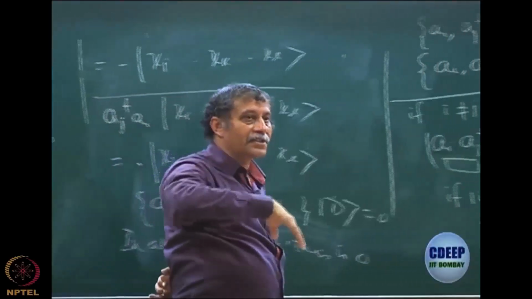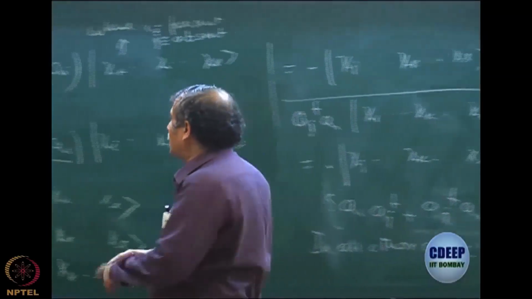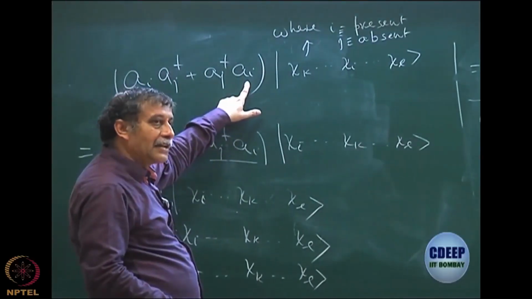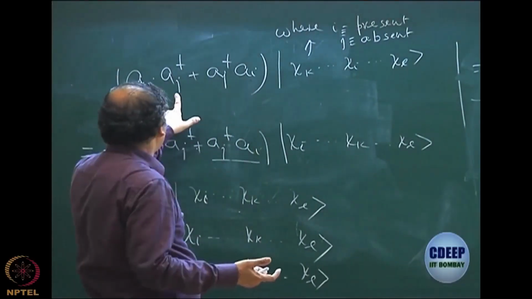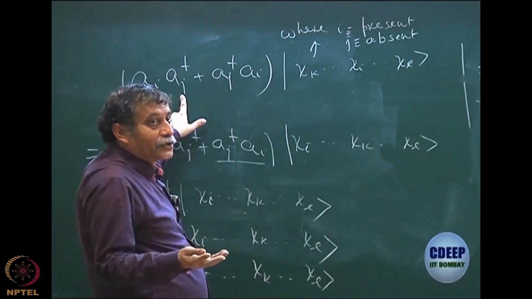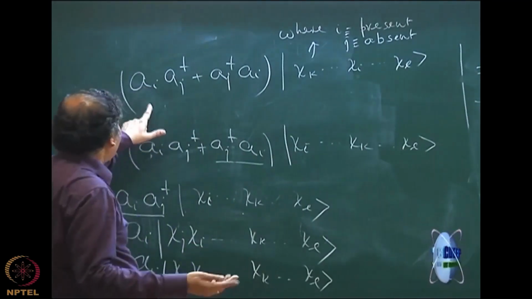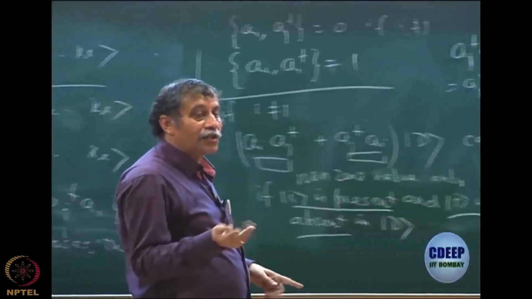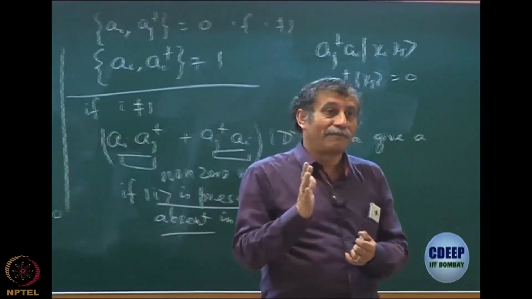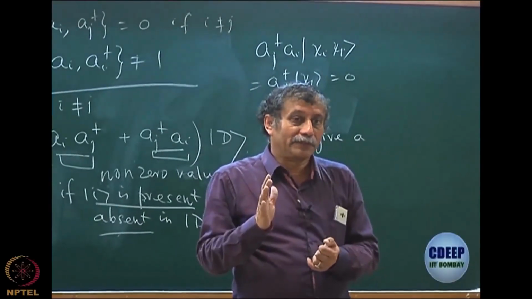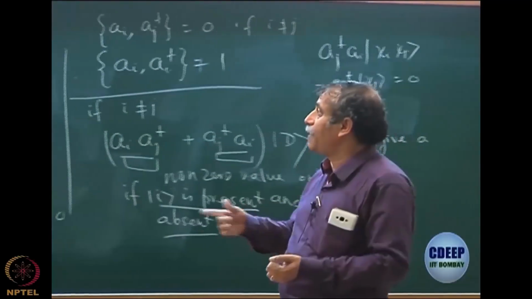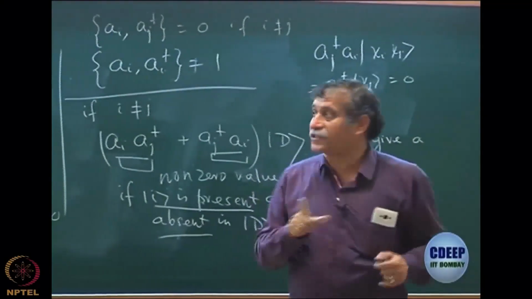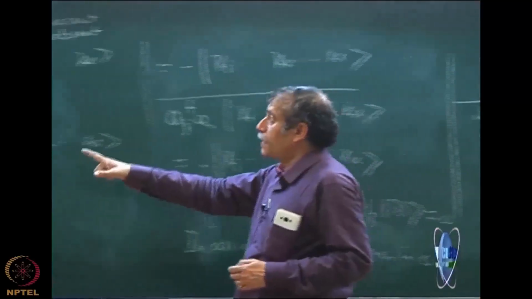If chi_i is present, then a_i dagger a_i will act: first it will annihilate, then it will create. You can't create first because chi_i is already present. If chi_i is absent, the other term will act and this one will not. The question is what you do first, and that is very important. Of course a_i dagger a_i means I am creating and annihilating the same orbital, but what you do first matters.